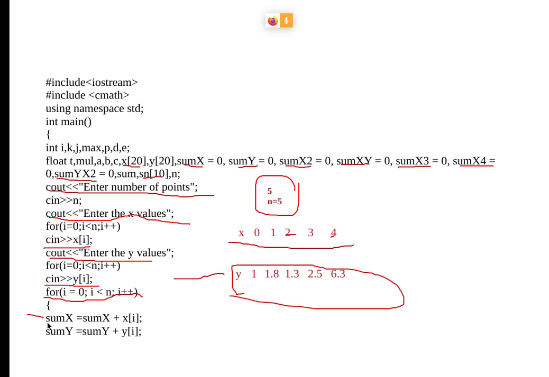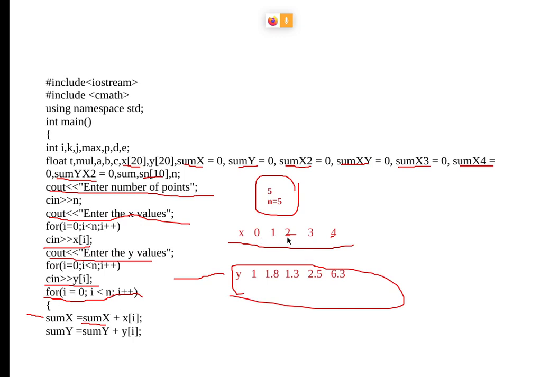Inside the for loop I am finding the sum values. Sum x equals previous sum x, initially its value is 0, so 0 plus x of 0, that is 0 plus 0. Then in the next iteration it will become 0 plus the previous sum, that is 0, plus x of 1, that is 1. In the second iteration it is 0 plus 1 plus 2.